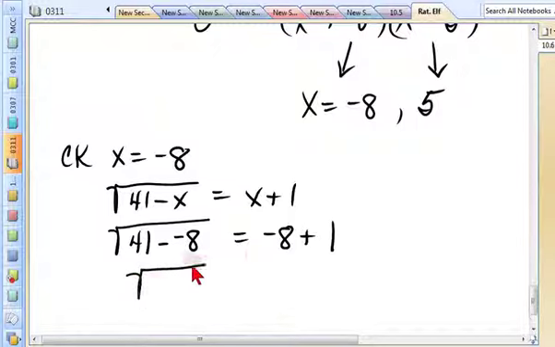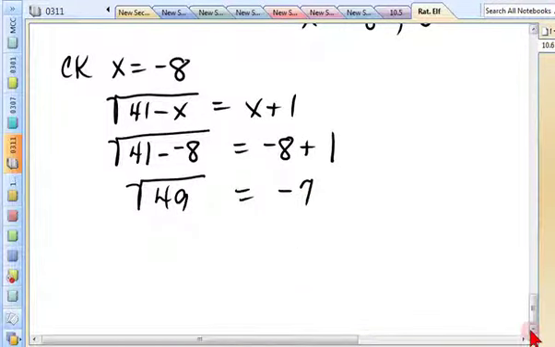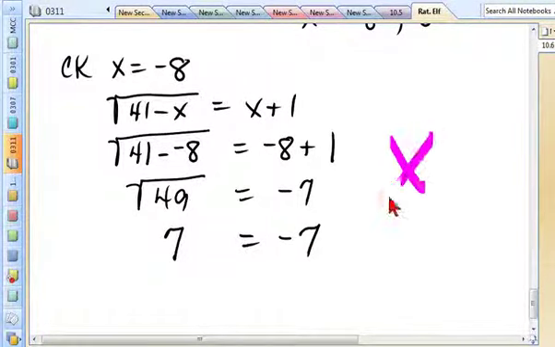That's the square root of 49 is negative 7. In this problem, I am having to simplify both the left side and the right side in the check, but I haven't had to do that in other problems. What's the square root of 49? 7, but the right-hand side is negative 7, so this one doesn't work.